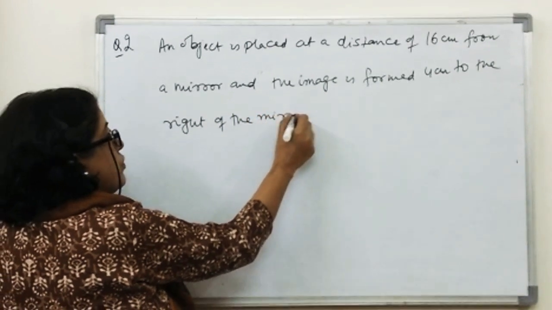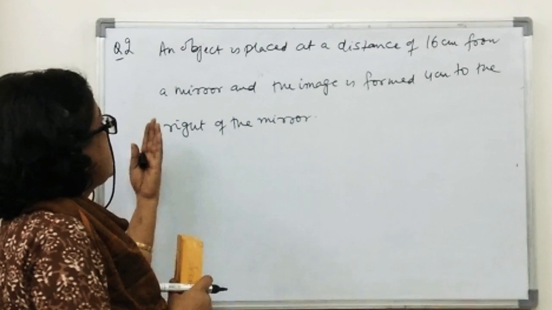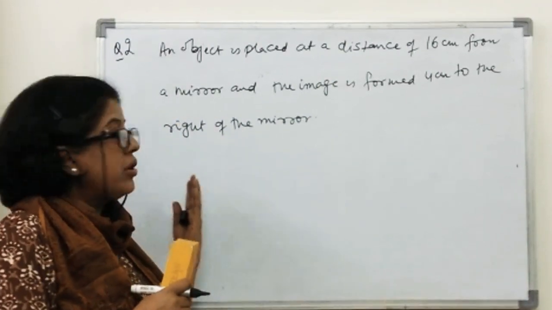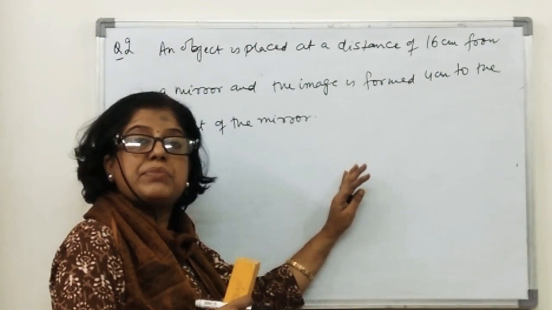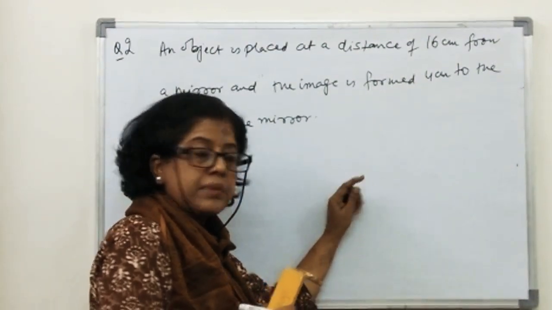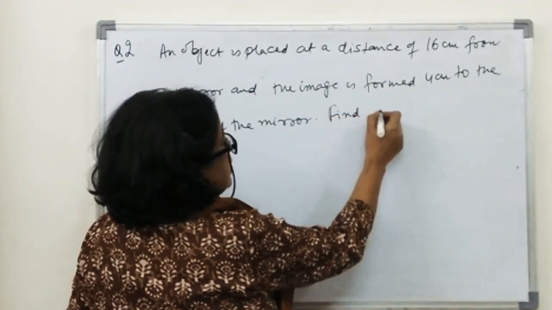Okay, so we have to understand the question correctly. The object is placed at a distance of 16 centimeter in front of the mirror, and the image is formed 4 centimeter to the right of the mirror, or we can say behind the mirror. Find its focal length.